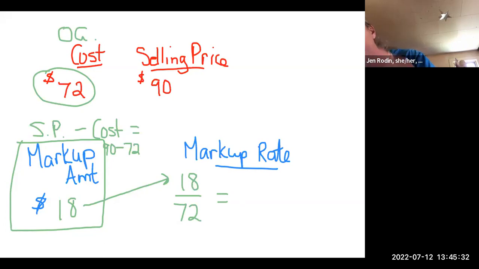And that was a lucky chance. I made up those numbers and it came out. But usually if I make up the numbers, they come out really twisted. And then we want to change that to a percent because it's a rate and we're looking for a percent. Oh, 25% markup.